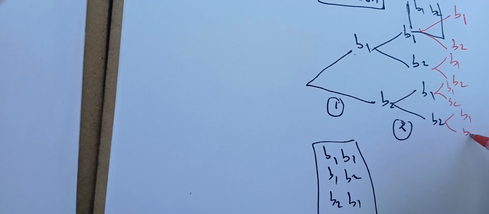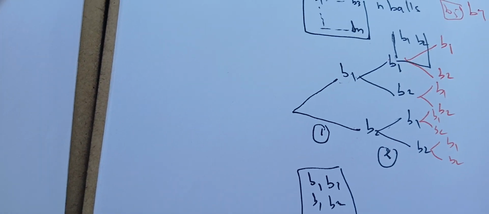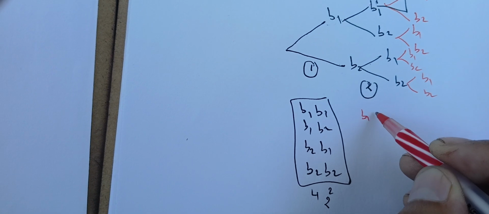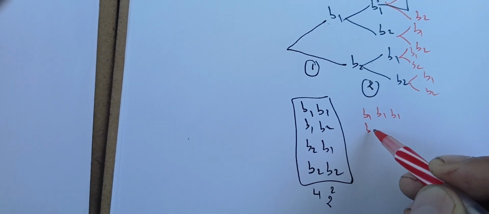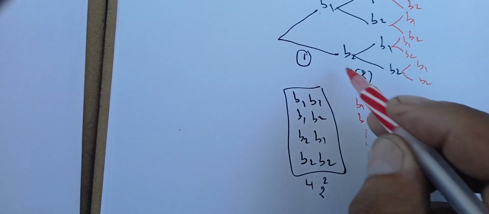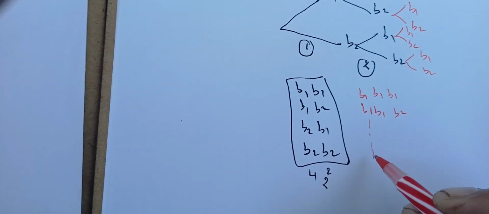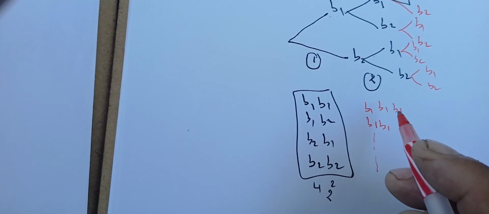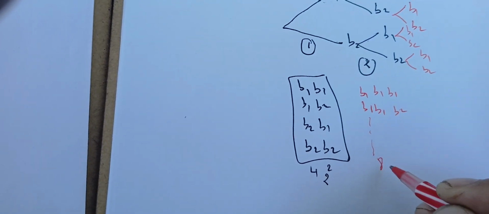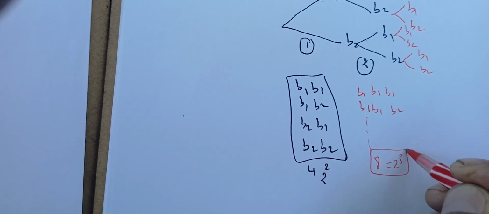So either we're going to have B1 B1 B1, or B1 B1 B2, etc. You can read from here. But if you count all of these, you're going to see 8, which is 2 to the power 3.